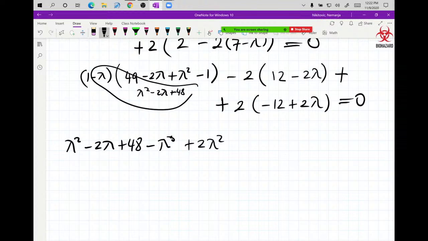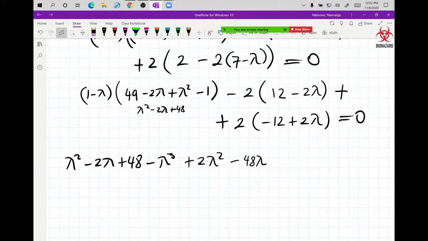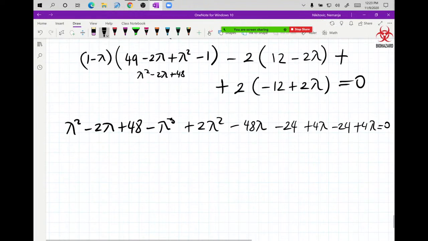And then minus 48 lambda. And then we have minus 24 plus 4 lambda, and then minus 24, and then plus 4 lambda equal to 0. Just collect the like terms. If everything was done correctly, we should not have problems.